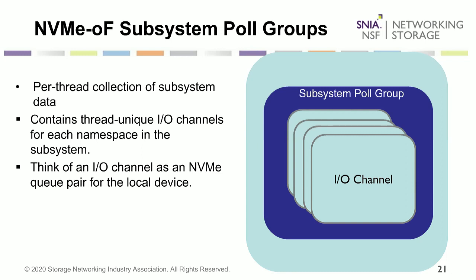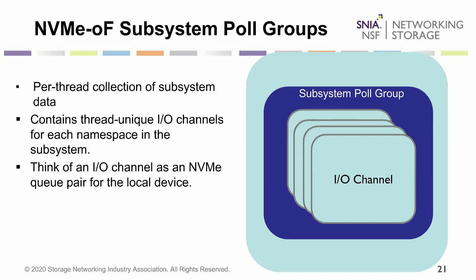Any bdev, whether it's a logical volume or it's an actual NVMe device or whatever, can be presented as a namespace through a subsystem in NVMe over Fabrics. And so the global subsystem structure has effectively an array where the index is the namespace ID and the value is a pointer to an SPDK bdev.